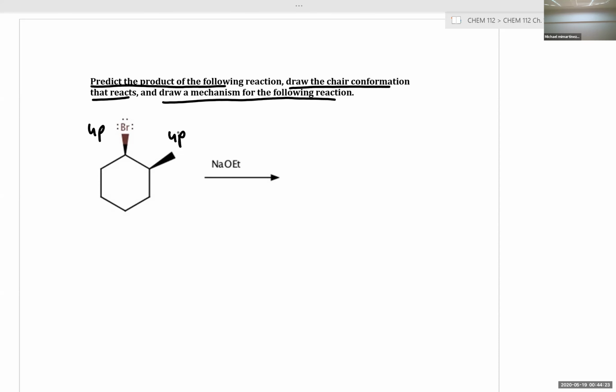The wedge, they're up. So now what I'm going to do is I'm going to make a quick little model for this compound. And again, this is another case where your model kit will save you a lot of grief on the exam. So make sure you have your model kit ready to go.